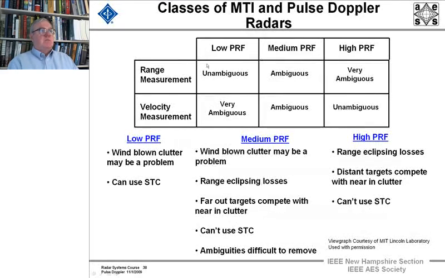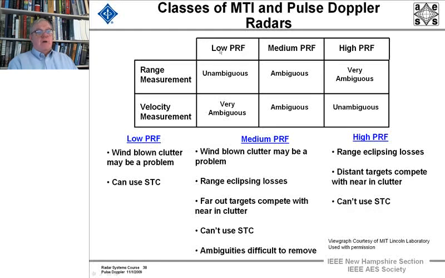Now, this block diagram shows you the relationship between how ambiguous our range measurement is and how ambiguous our radial velocity measurement is as a function of PRF.